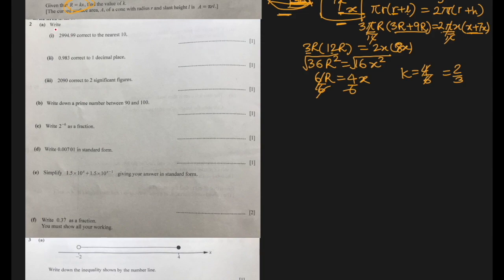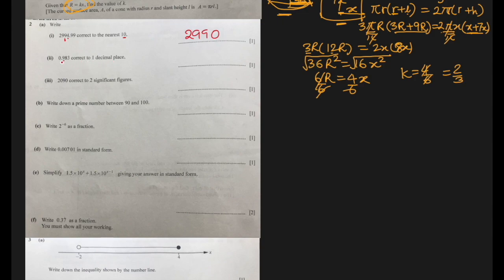What they say here: write this to the nearest tens. Nearest 10 will be decided by this 9, this one. So if I want to round this off, I will look at the next one, 4. 4 is lower than 5, so we will write 2, 9, 9, and it will become 0. This becomes nearest 10. Because of this 4, we come down. This to correct to one decimal place.